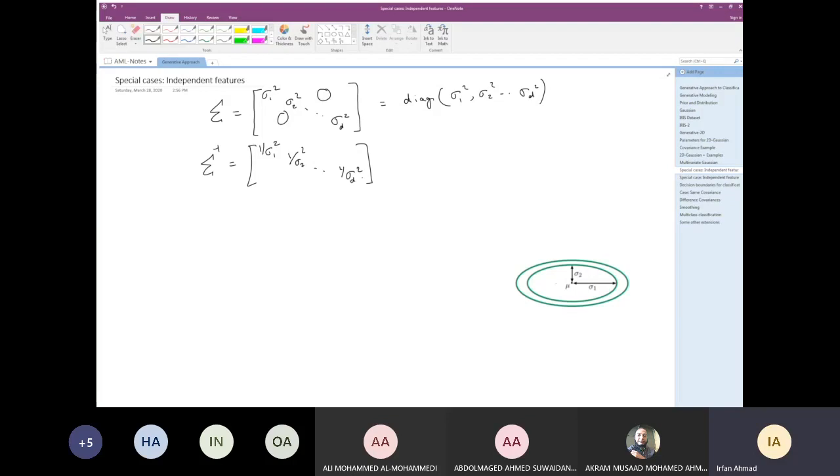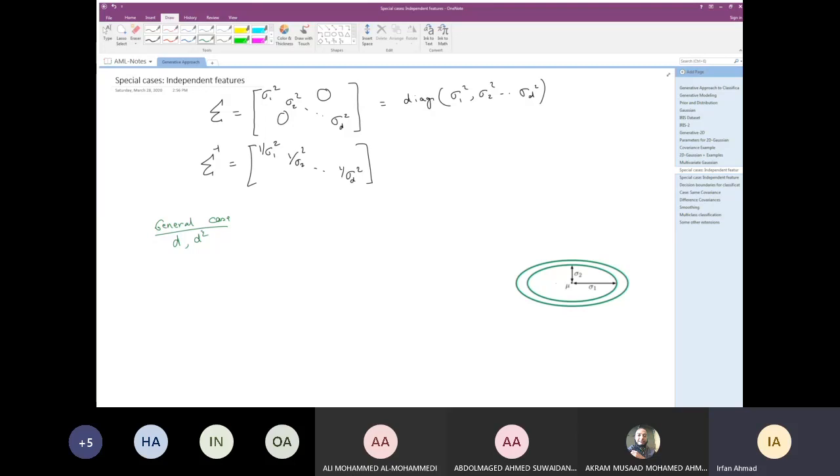You end up with very few parameters, right? Of course, you have one prior and the mean vector in the general case. If you're speaking about the general case, for the mean vector you have d parameters, and for the covariance matrix you have d square parameters. Of course, one part is half of the other, since it's symmetric, but still this is of the order of d square.